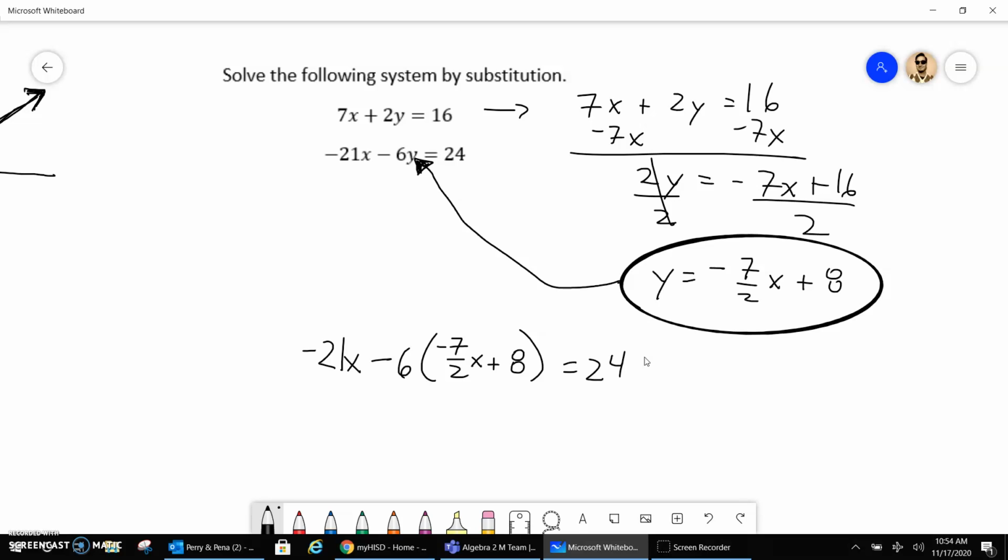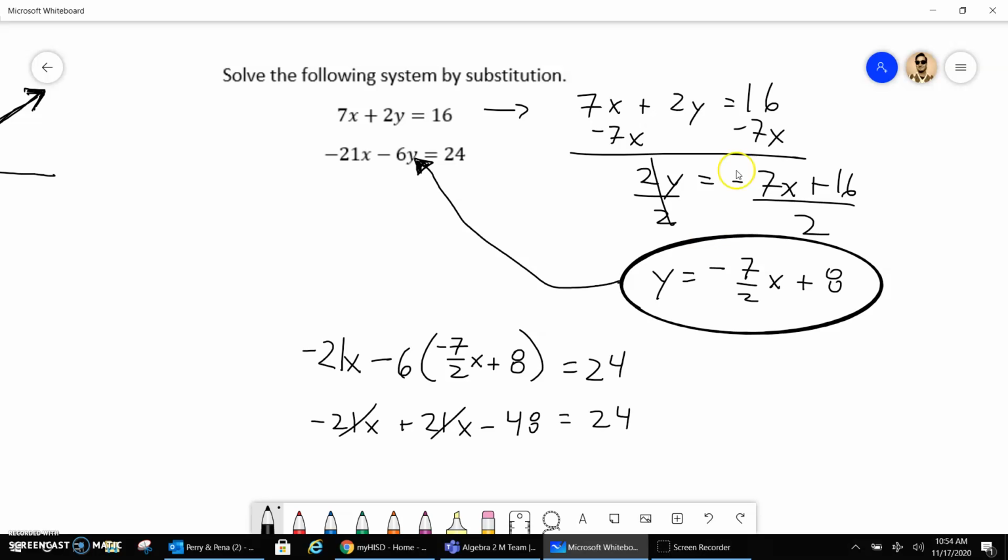After simplifying, I get negative 21x. Negative 6 times negative 7 over 2 is going to be positive 21x. Negative 6 times 8 is negative 48. And that all equals 24.